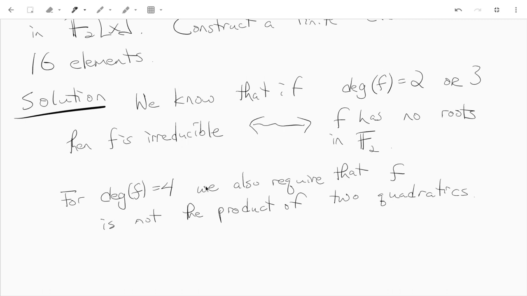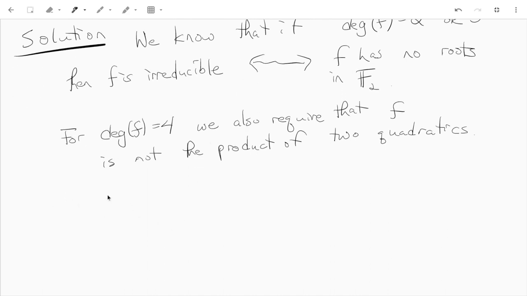Think about what f could factorize as. It could factorize as a quadratic times a quadratic, or a cubic times a linear term. So we still want f to have no roots, and also we want it to not be divisible by any quadratic irreducibles. So first, let's write down all the quadratic irreducibles.